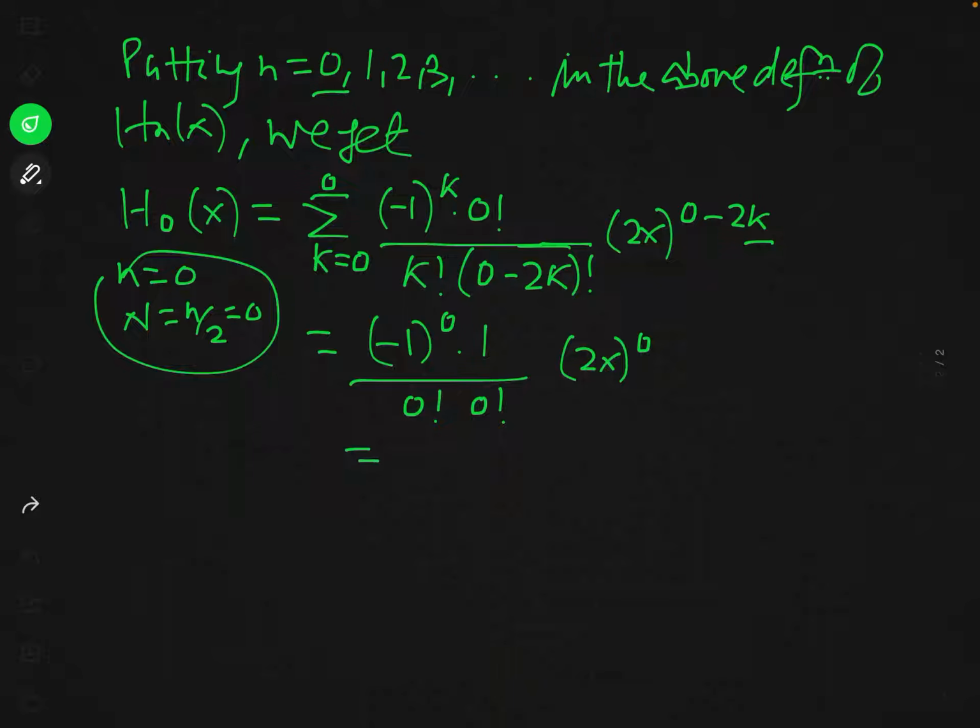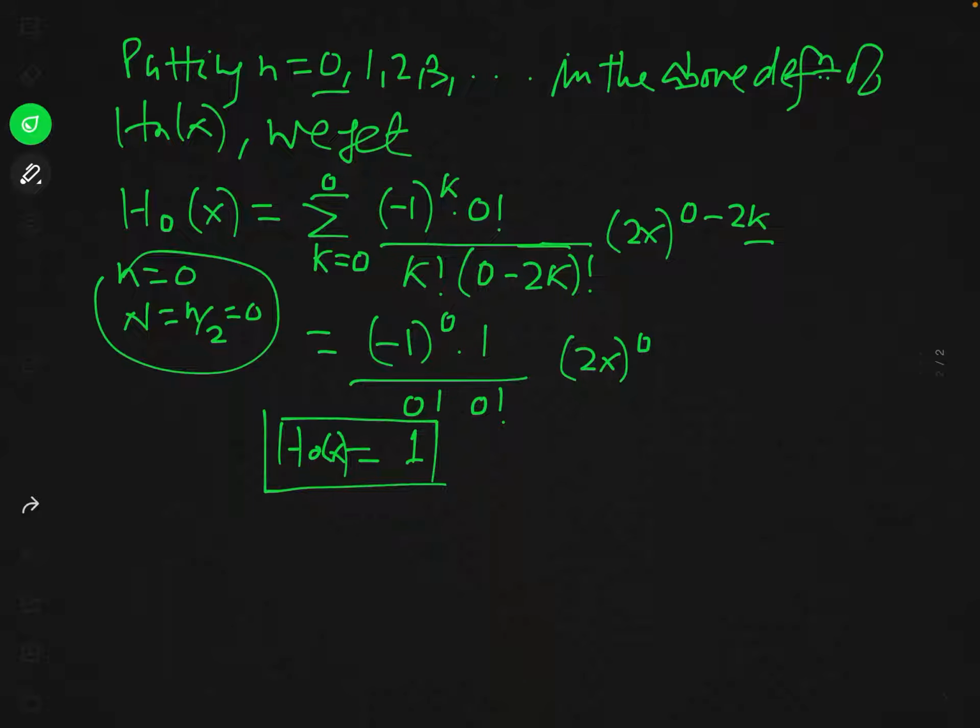Minus 1 raised to the power 0 is 1, 0 factorial is also 1, and 2x raised to the power 0 is also 1. So finally we find that the Hermite polynomial of 0 order, that is H0 of x, is equal to 1.